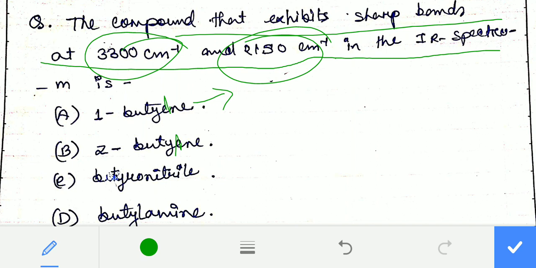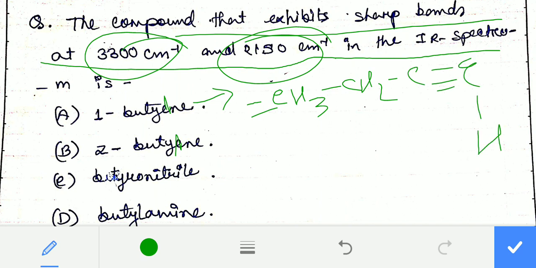In option A, we are given 1-butyne, which has the structure like this. Here, as you can see, there is an acetylene hydrogen, that is, a hydrogen attached with an sp carbon atom. For this acetylene hydrogen, that is for acetylene C-H stretching, we get a sharp band at around 3300, which is just given in the question.